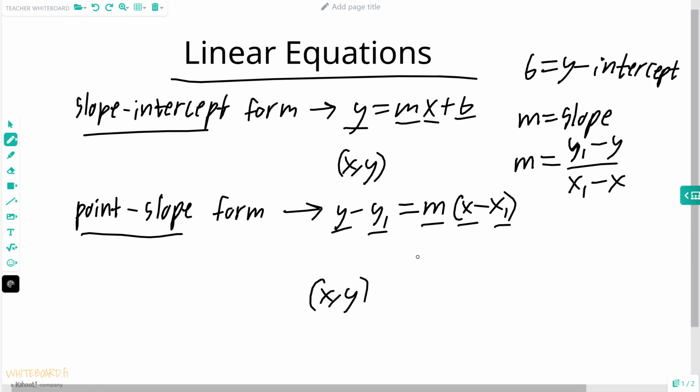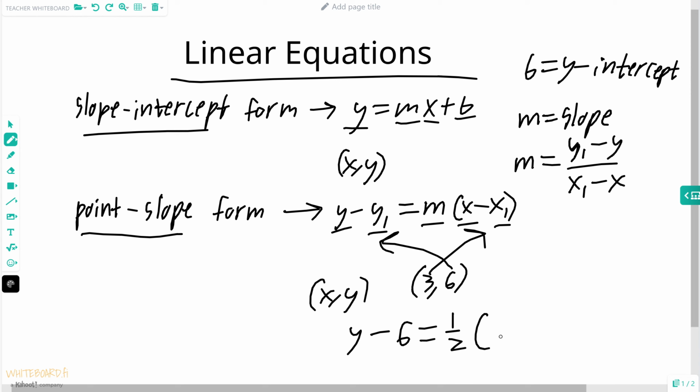They're just a coordinate on the linear graph. So if you have the coordinate 3, 6, then you would plug in 3 for your x1 value and 6 for your y1 value, and that will be the equation for the graph. So it'd be y minus 6 equals, and if the slope is 1 over 2, times x minus 3. So this would be an equation.